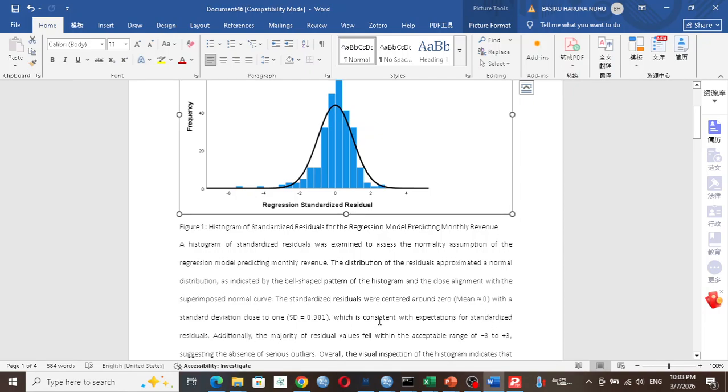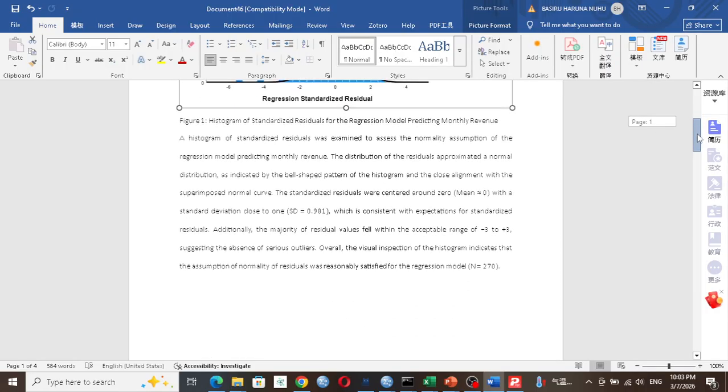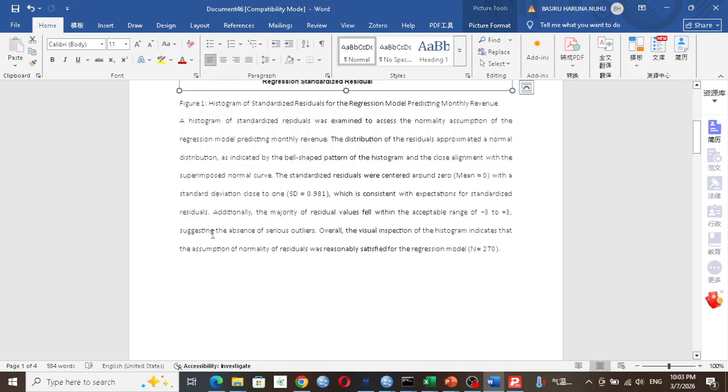Additionally, the majority of residual values fell within the acceptable range of -3 to +3, that is within this range. So the majority of them fall within here to here. So that is the acceptable range, suggesting the absence of outliers.